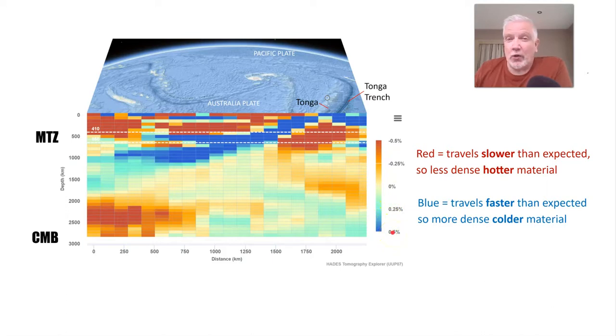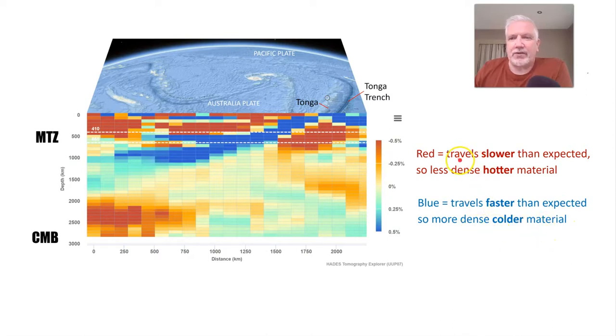Again, take a global network of seismometers and you're able to turn each of those points of data into this three-dimensional model of what's going on. And we can then infer from that that if it is arriving faster than normal, then the waves have travelled through denser, colder material, which allows waves to propagate through faster.